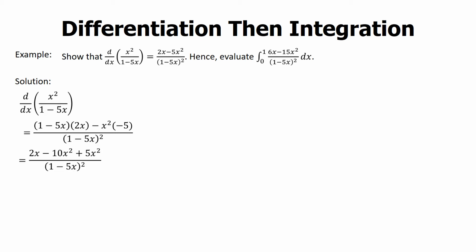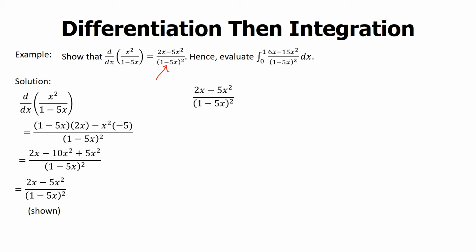We expand the bracket, which we get 2x minus 10x squared plus 5x squared over 1 minus 5x squared. Simplify, we get 2x minus 5x squared over 1 minus 5x squared. It is the same as the answer given in the question, hence shown.